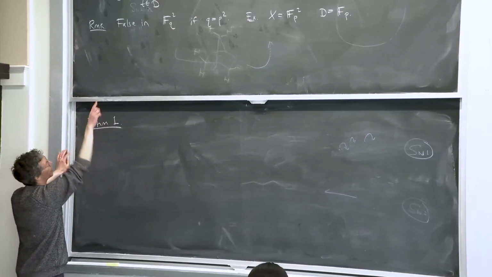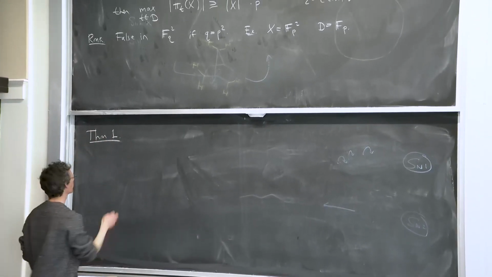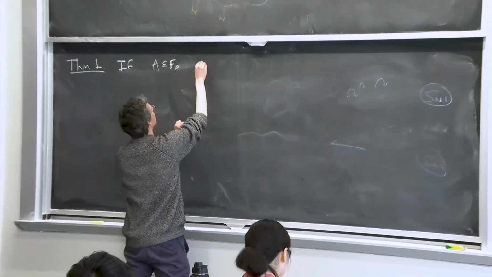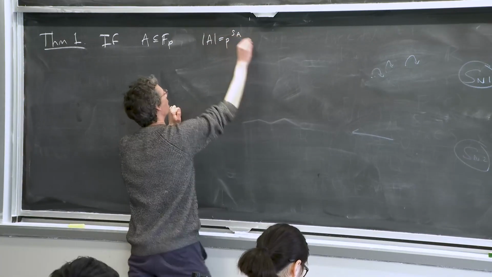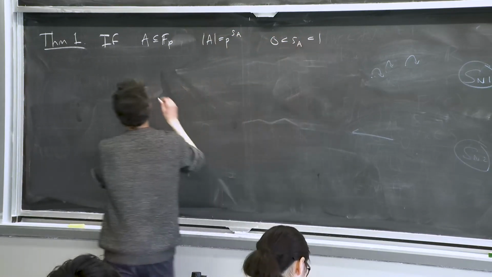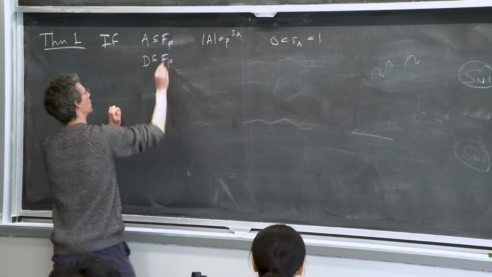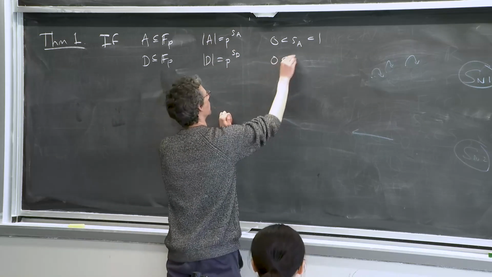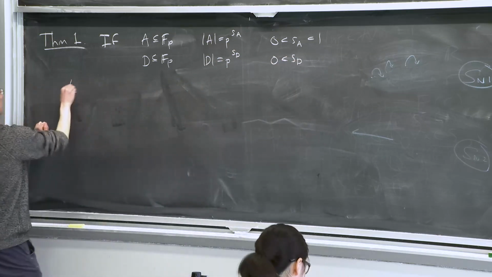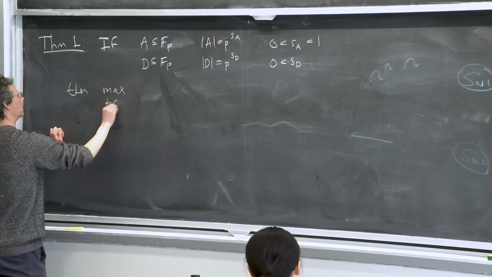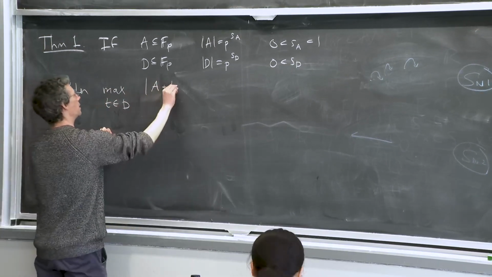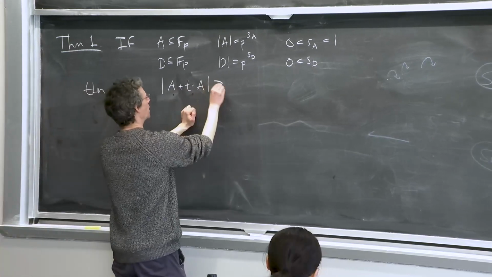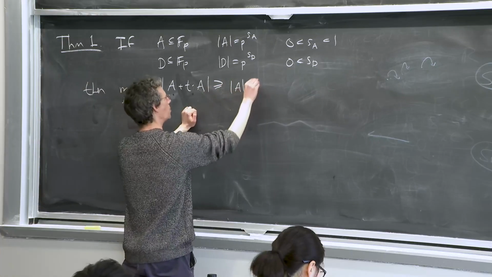It's kind of the special case when X happens to be a product set, A cross A. So our theorem 1 was last time: if A is in F_p, and the size of A is p to the s_A, and D is a set of directions in F_p, and the size of D is p to the s_D, then, if you take the maximum over t in D of |A + tA|, which would be like pi_t of A cross A, then that's at least the size of A times p to the epsilon_1.